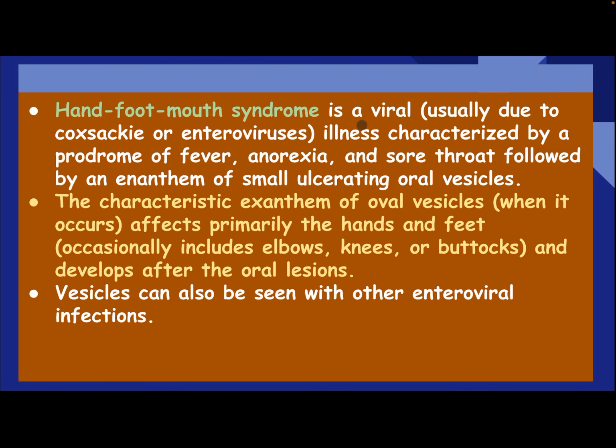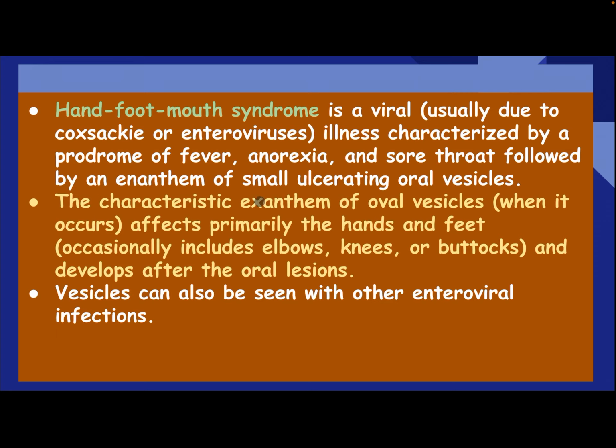Hand-foot-and-mouth disease is a viral illness, usually due to Coxsackie or enterovirus, characterized by a prodrome of fever, anorexia, and sore throat, followed by an enanthem of small ulcerating oral vesicles.